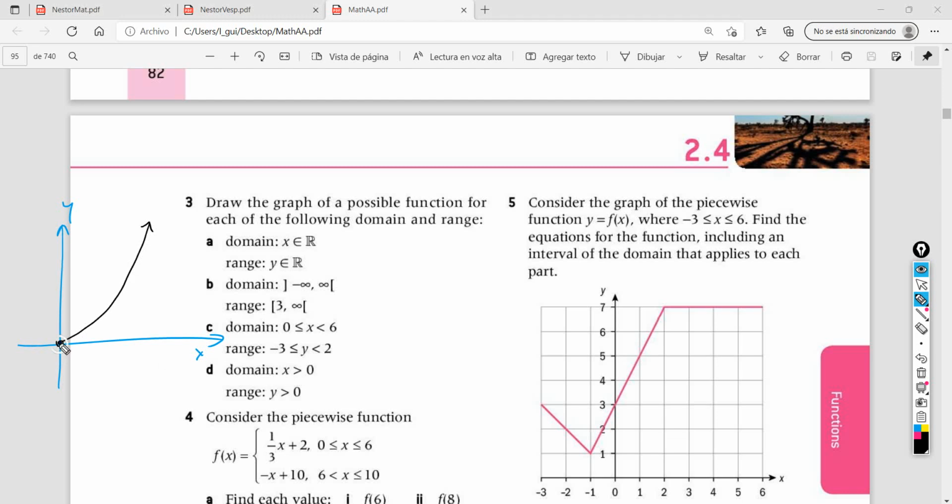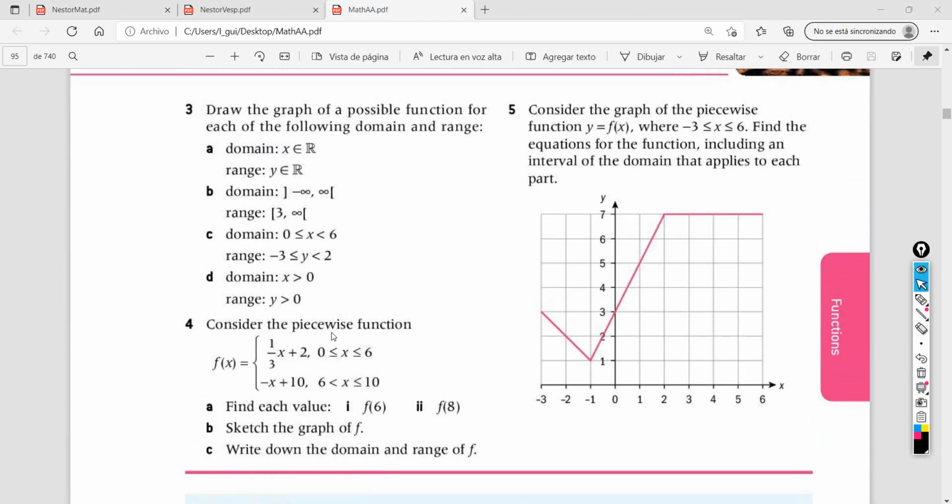If I make a filled point, I would be saying that the 0 is being included, but that's not what I want. So I'm going to discard that point, and then draw kind of like half a parabola. So the domain is all the numbers greater than 0, and the range also all the numbers greater than 0. This parabola extends towards infinity in both directions, to the right and upwards, and that complies with this. Okay, and so that's how this exercise works.